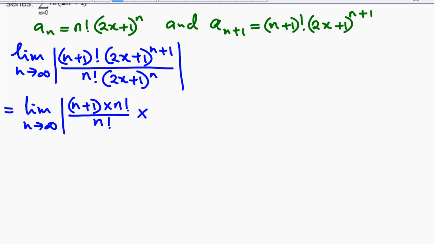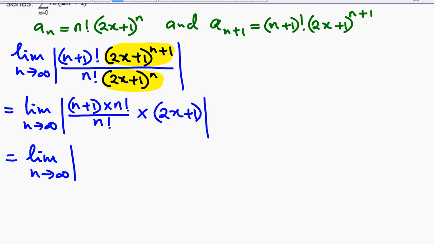Now, this bit here, you can simplify just by using indices. All right. So this will be equal to 2x plus 1. So we'll end up with this expression. This cancels.